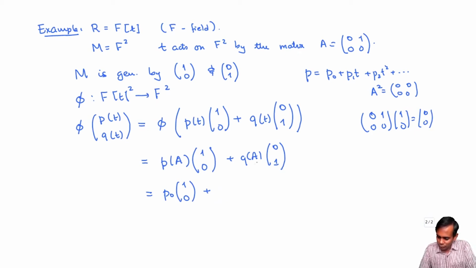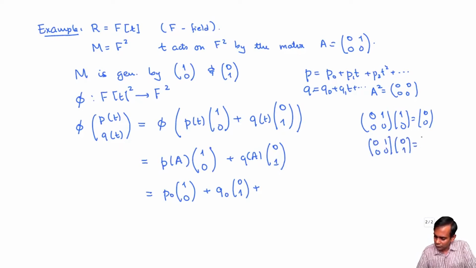And similarly, when you do it for q, suppose q is q0 plus q1 T plus dot dot dot, the higher degree terms vanish, and so now we'll get q0 times 0, 1 plus q1 times A times 0, 1. But A times 0, 1 is just 1, 0.